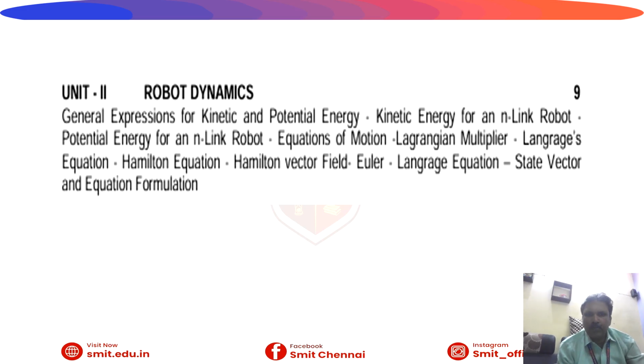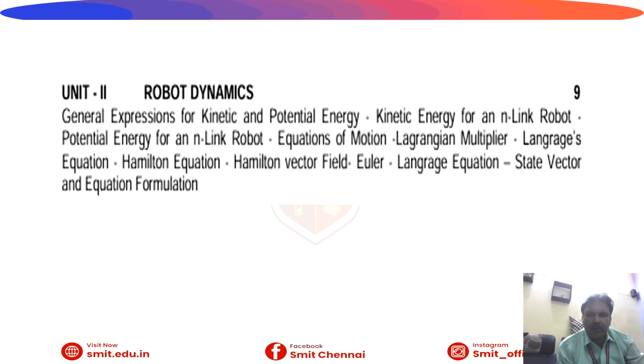Syllabus of Unit 2, that is Robot Dynamics. So Unit 2, first unit is robot force models. This is Unit 2, that is generally expressions for kinetic and potential energy.